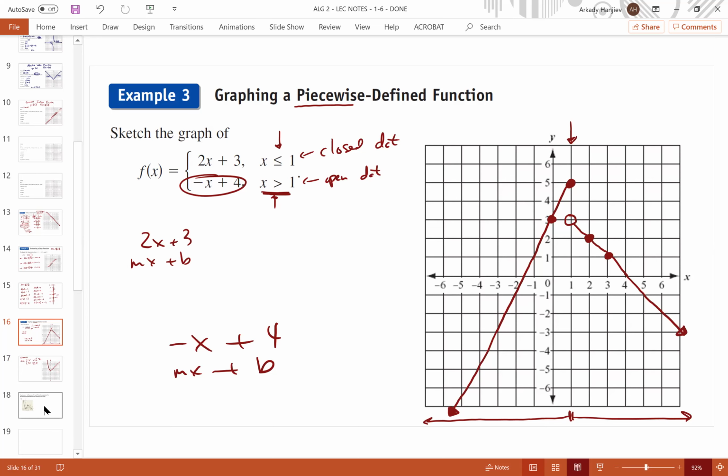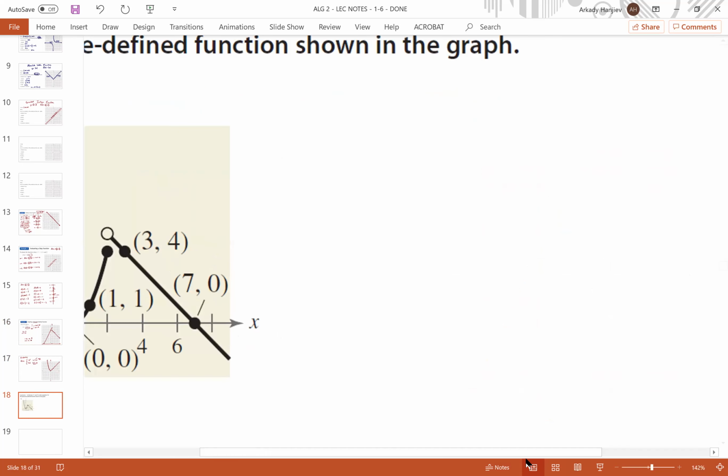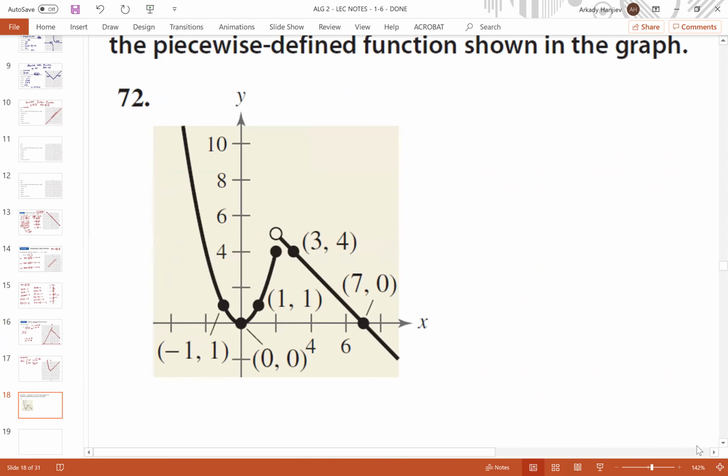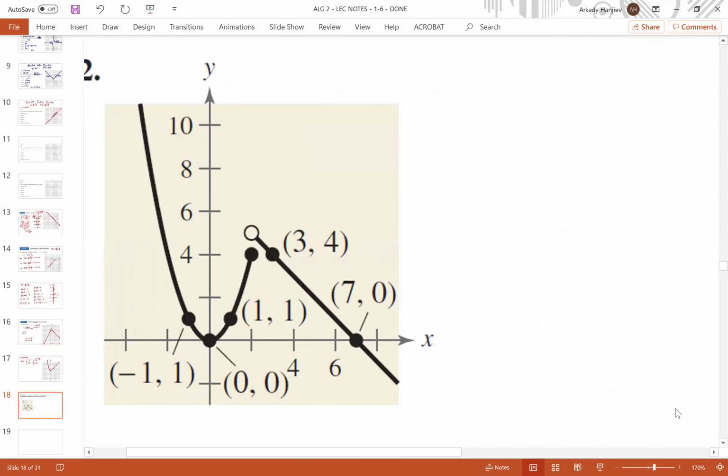Okay, boom, and let's go backwards. So now I'm going to take you on this little journey. Can you write for me the piecewise function here? Oh, taking it a little different on you guys. So let me zoom in on this little piece here. Okay.